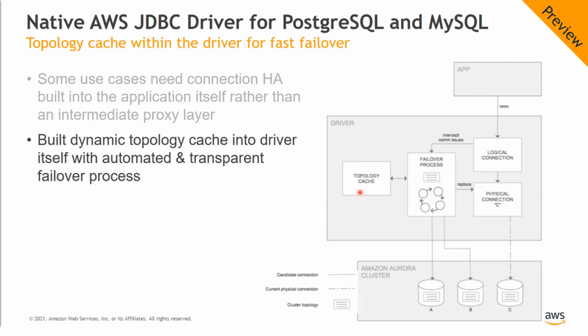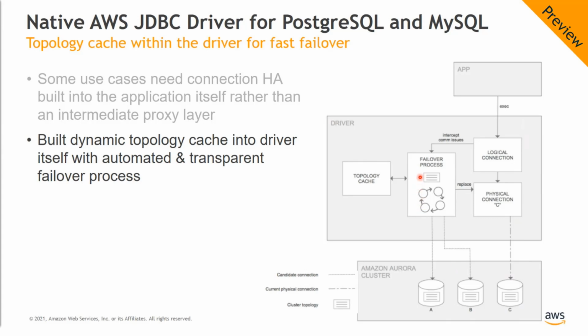But it all starts really with this topology cache that keeps track of write nodes, all the reader nodes in your clusters, and separates the logical connection to the application from the physical connections to the database. So we can manage that.